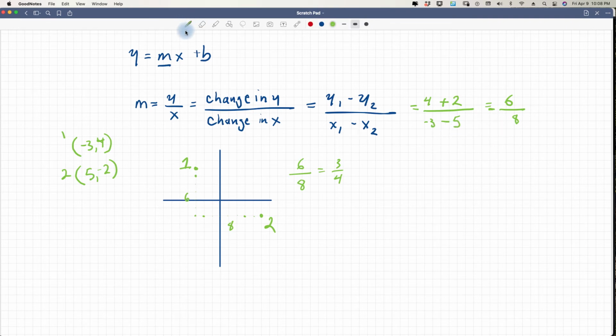But let me ask you a question. Doesn't this line slope downward? And isn't that a negative line because it slopes downward? Yes. So it is correct to have a negative 6 over 8, which equals a negative 3 over 4.